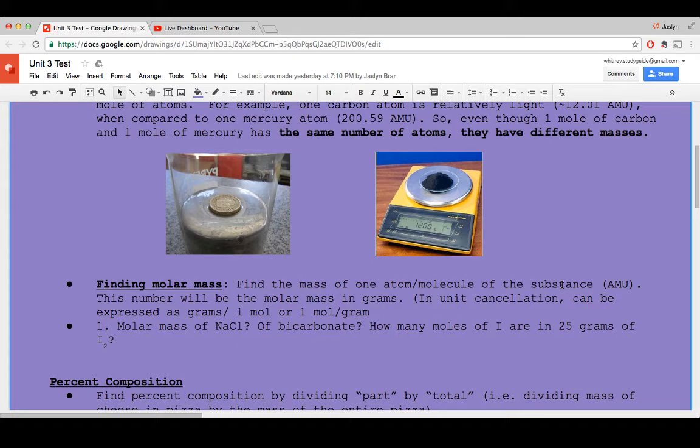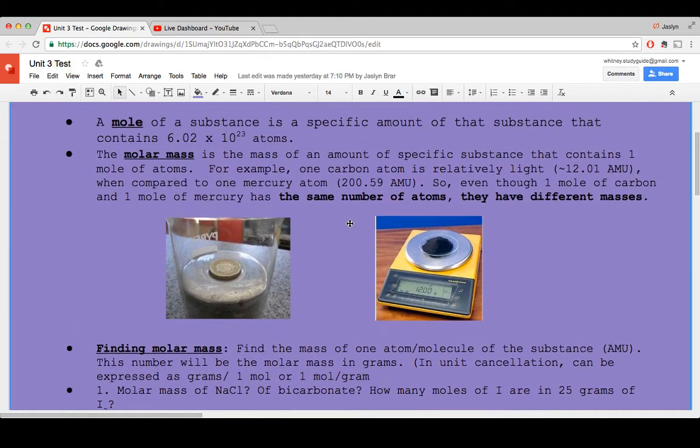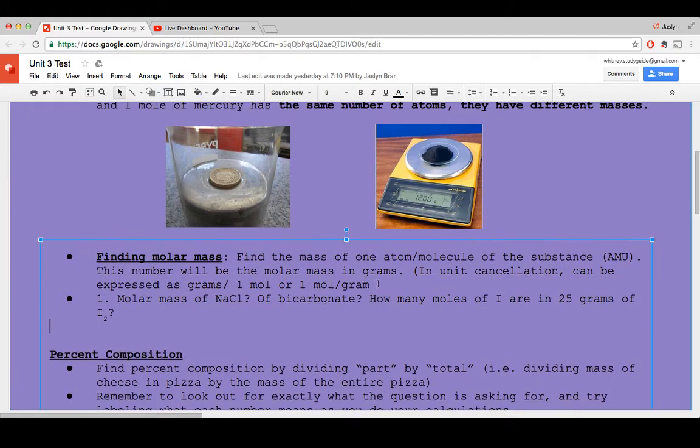And that's just kind of like the magic of Avogadro's number, which is this. So all you have to do, to recap, is just find the mass in AMU of one atom or molecule of a substance. And I say molecule because it might be something like acetate, which doesn't have one element.